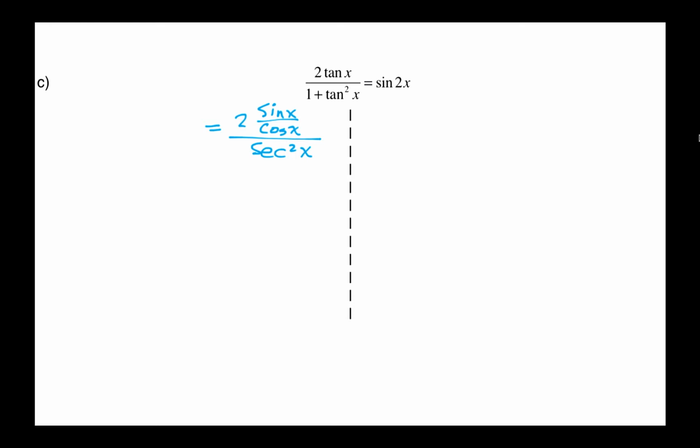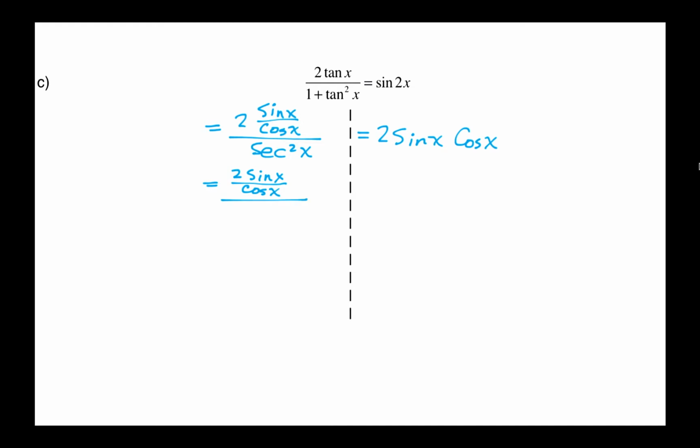And in the bottom, I've actually used the Pythagorean substitution here, 1 plus tangent squared x is equal to secant squared x, because that's definitely simpler to have one term here instead of two. And now at this point, on the other side, I also recognize that for sine 2x, I do have a double angle identity that I can use, which is 2 sine x cosine x.